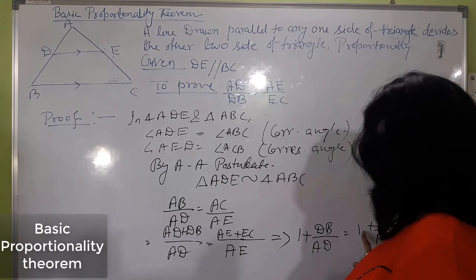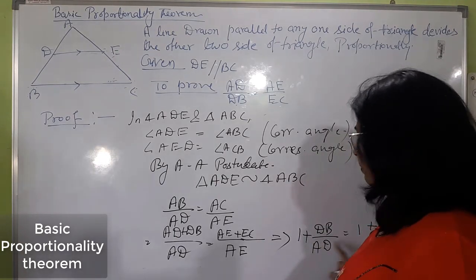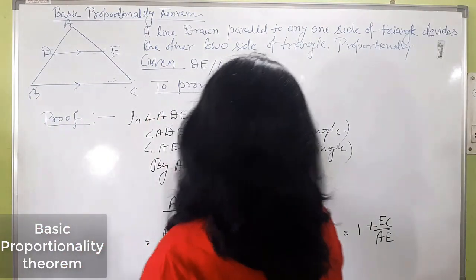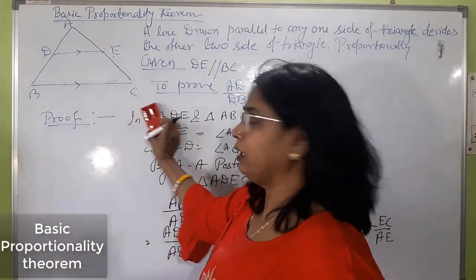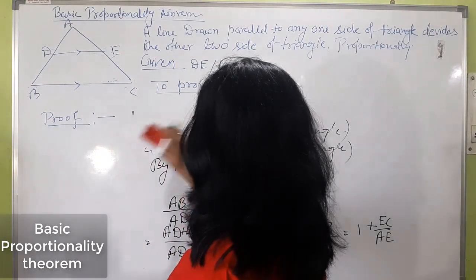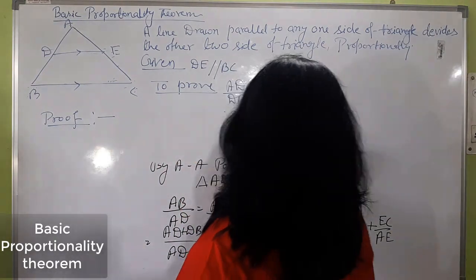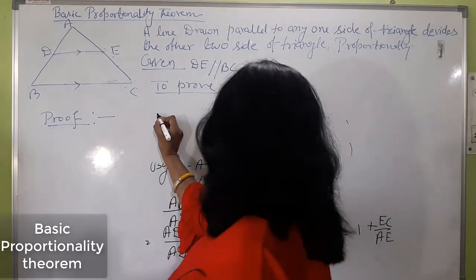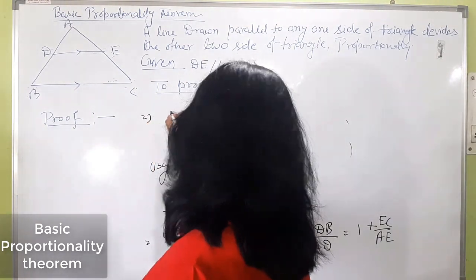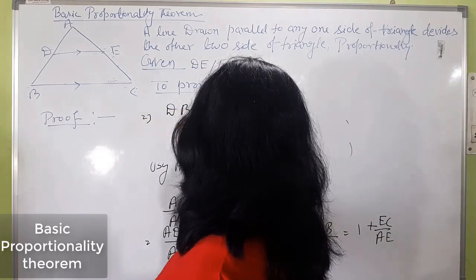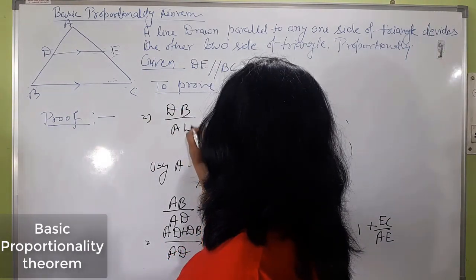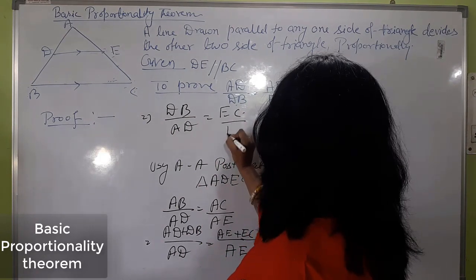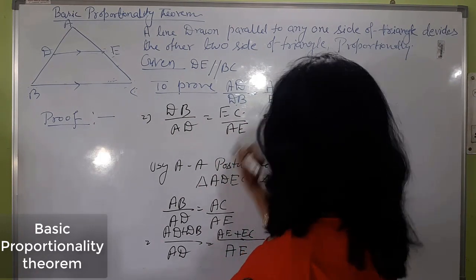Now removing 1 from both sides, DB by AD is equal to EC by AE.